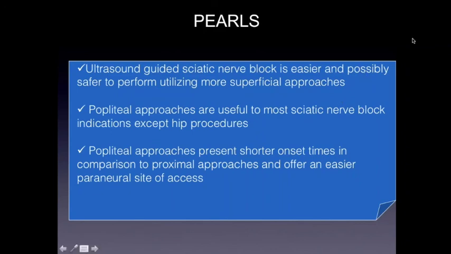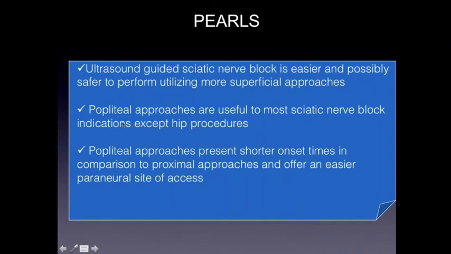If you are indicating the sciatic nerve block for foot and ankle or even knee surgeries, why do we have to do this at the proximal level, where the needle image is poor and the nerve image is poor as well? We can have better images and faster times to perform the block, and even more safety if we perform it more distally.